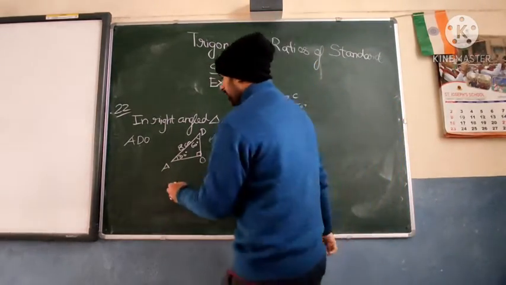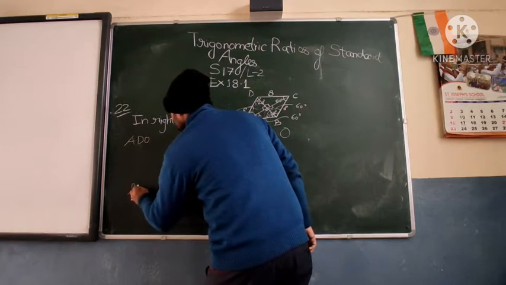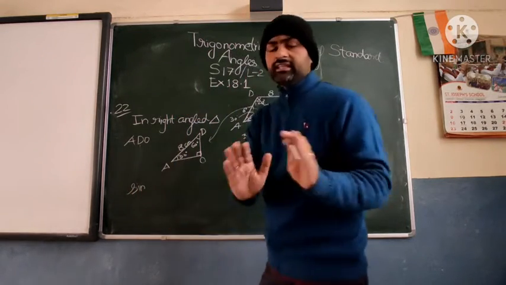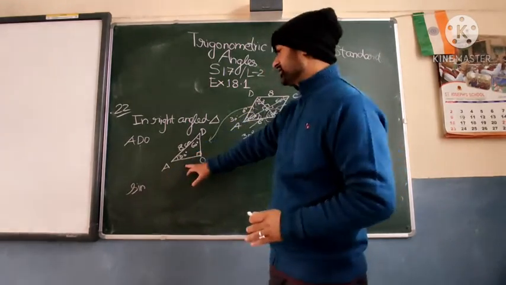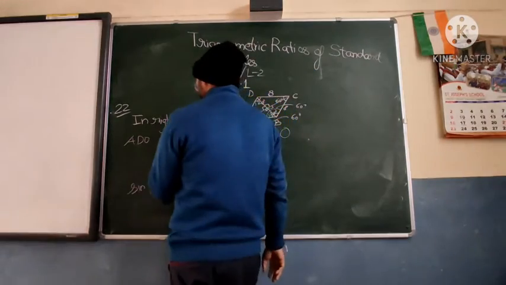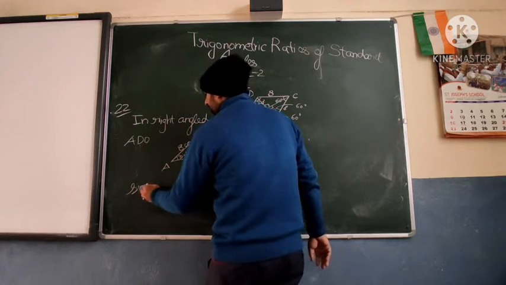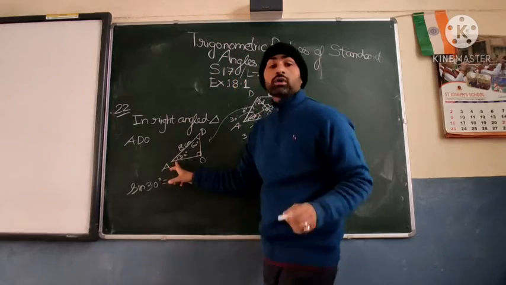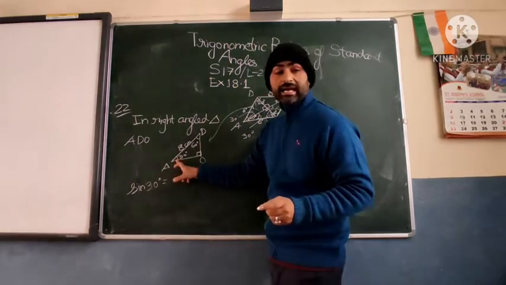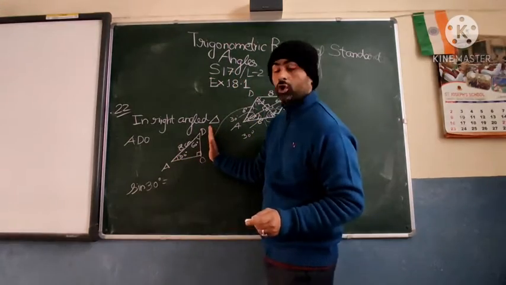Okay, so I am moving forward here. So sin. We will not write theta. I am writing sin 30 degrees. These values I am calculating for this triangle only. So sin 30 degrees. What is the perpendicular here? The side in front of 30 degrees is OD or DO.